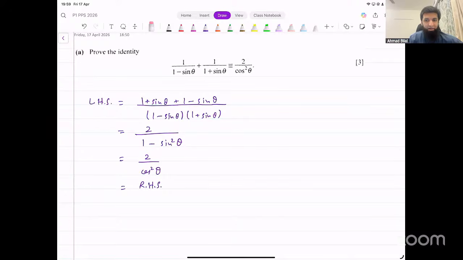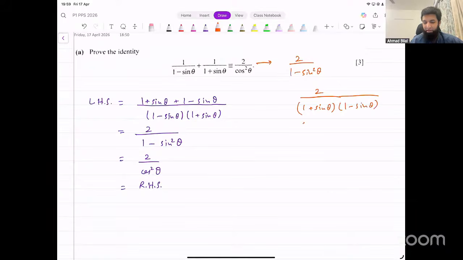Are you sure you did it that way? Because you would have to use partial fractions for that. If you write it like this, 2 over 1 minus sine square theta, and then you could say, okay, a square minus b squared is a plus b into a minus b, 2 over 1 plus sine theta and 1 minus sine theta. How would you break it down now? Abdullah, you're just joking, right?